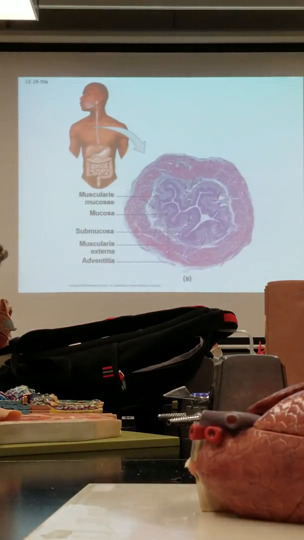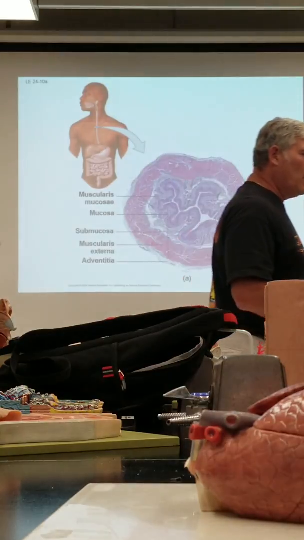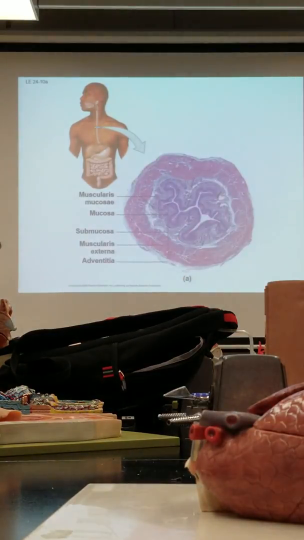Characteristically, it is different because it is entirely muscle and it's usually always closed when not in use. The lumen, the hole going through the esophagus, is usually flattened out and closed.